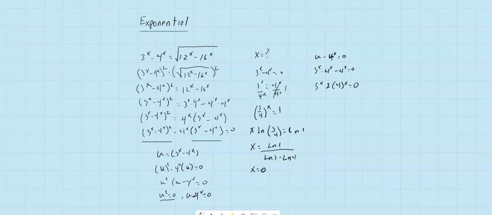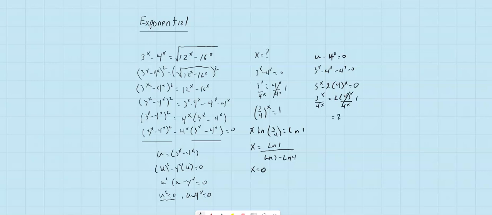Now I'm going to move everything to the other side, because I have the minus in front of the 4, and it's going to be 2 times 4^x. Okay, so now I can divide this side by 4^x, and I can cancel this. This is going to be 1. 2 times 1 is going to give me 2.